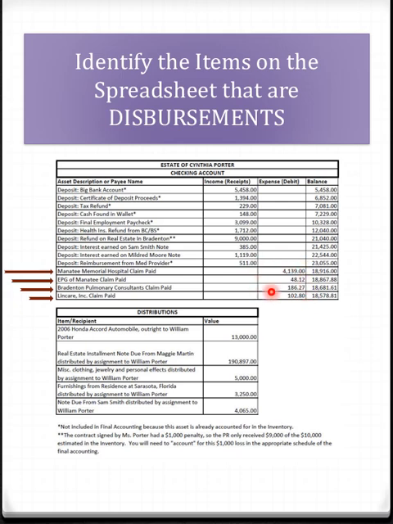So out goes this amount of $4,139 to Manatee Memorial. Out goes $48.12 to EPG of Manatee. Out goes $186.27 to Bradenton Pulmonary. Out goes $102.80 to Lincare. These are all Schedule B disbursements.